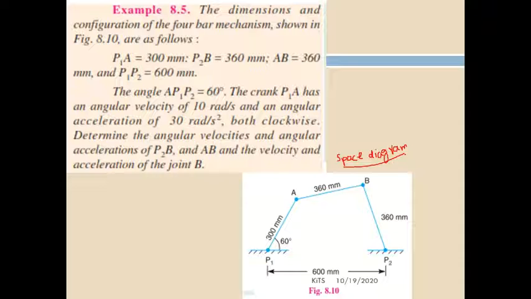So 300 mm means 30 centimeter. You can't draw a 30 centimeter line in your note or drawing sheet. One more thing, better solve this problem using an A3 drawing sheet, because you have to draw three diagrams: space diagram, velocity diagram, and acceleration diagram, and you have to draw everything in one page.